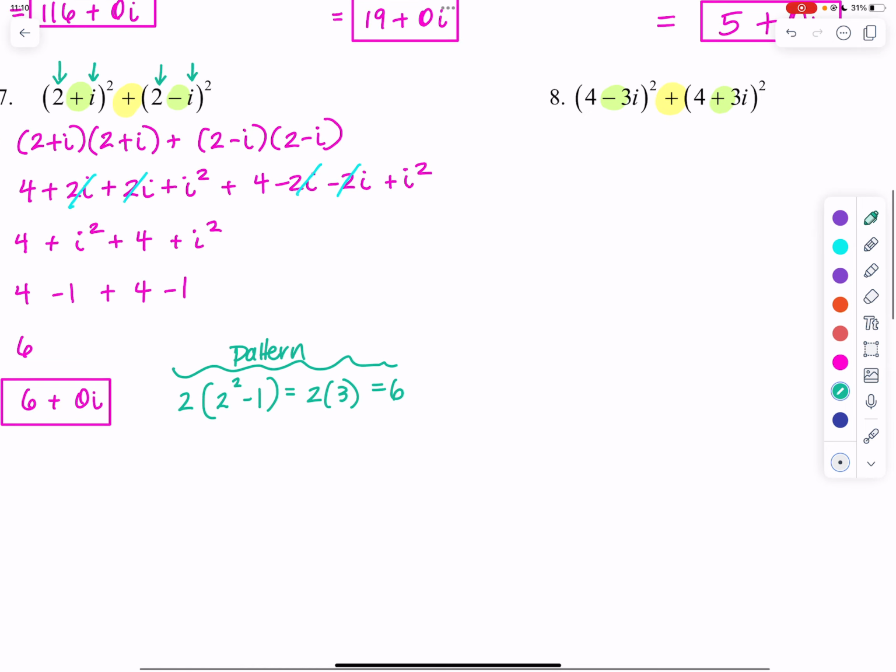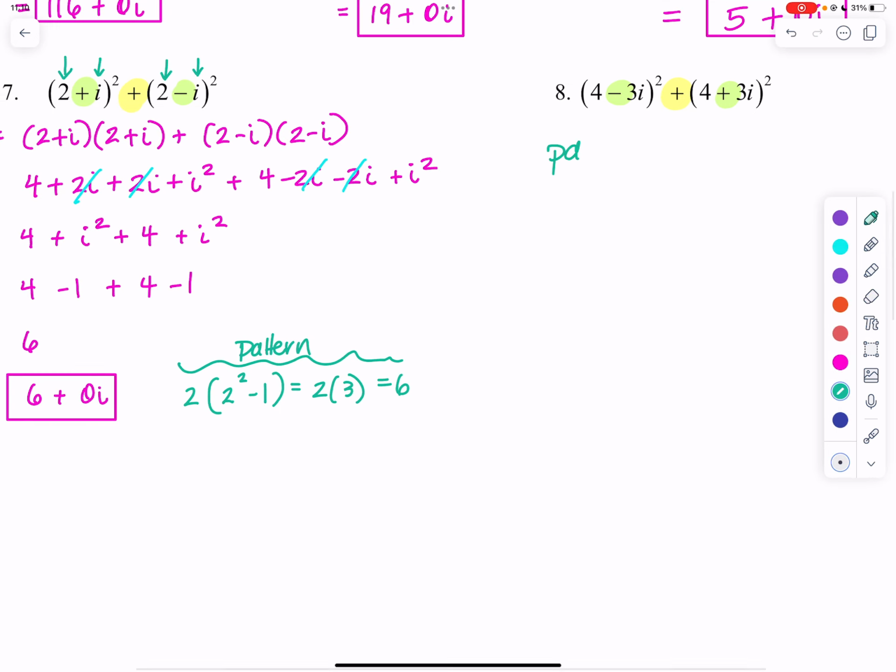So here we would have, let's write using the pattern, 2 times 4 squared minus 3 squared.